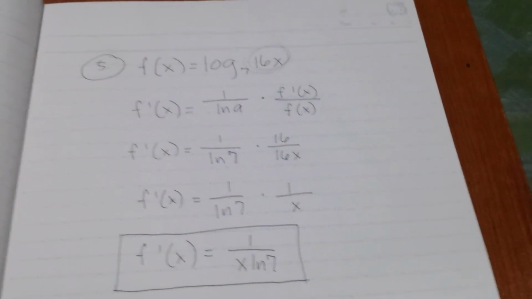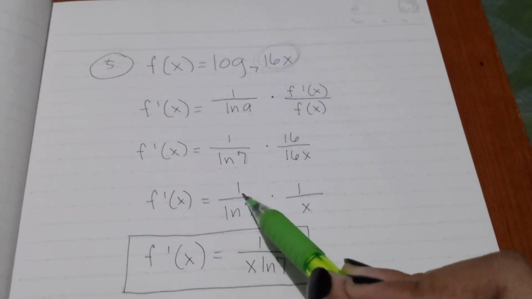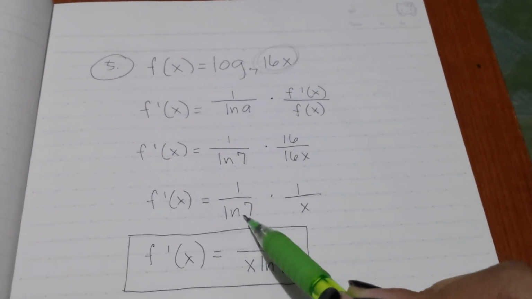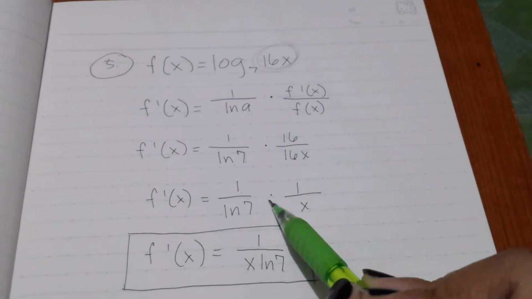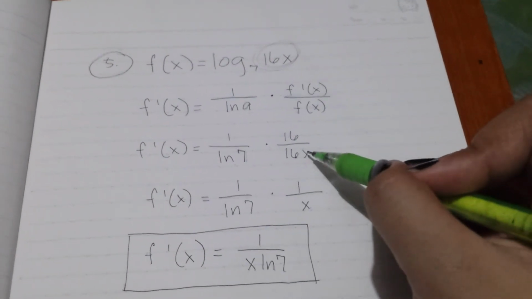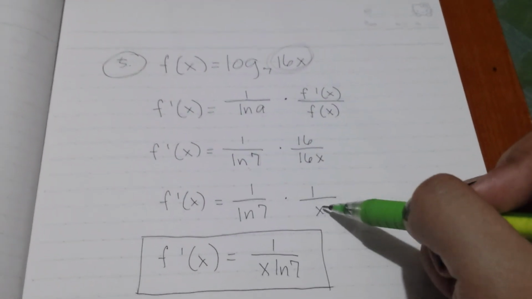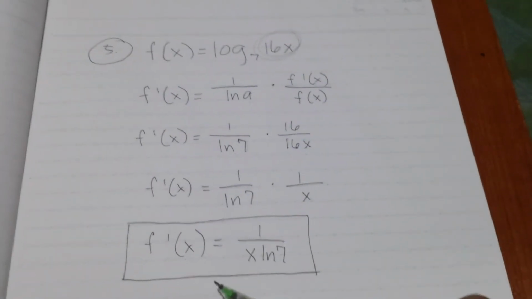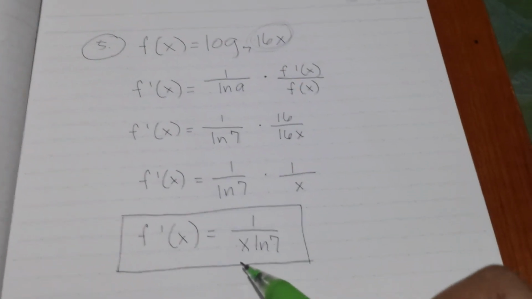So we have f prime of x equals 1 over ln of 7 multiplied by, we have to simplify 16 over 16x, so we have 1 over x. So the final answer is f prime of x equals 1 over x ln of 7.